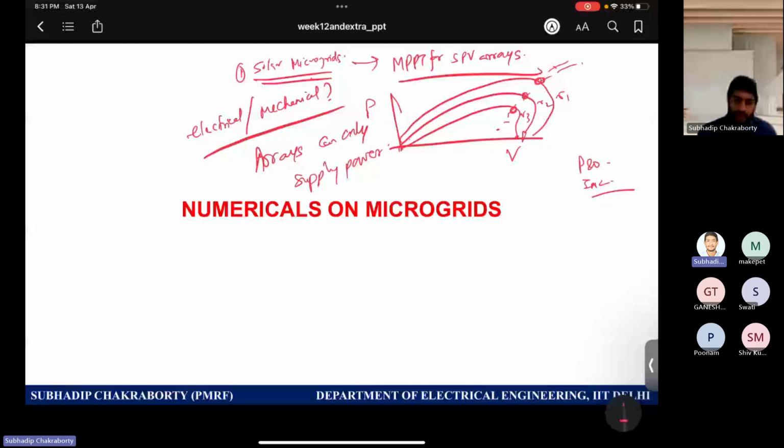Do some of you remember the term self-supportive microgrid, self-supported DC link? Anyone present in this session, do you recall the term self-supported DC link? Yes, I want to hear some answers.